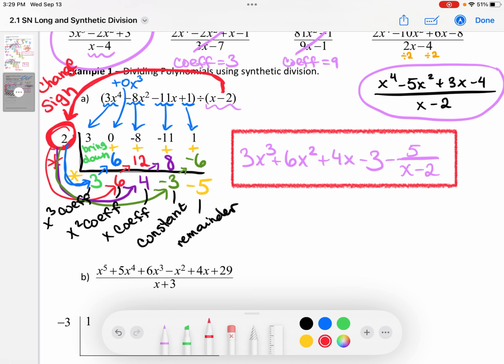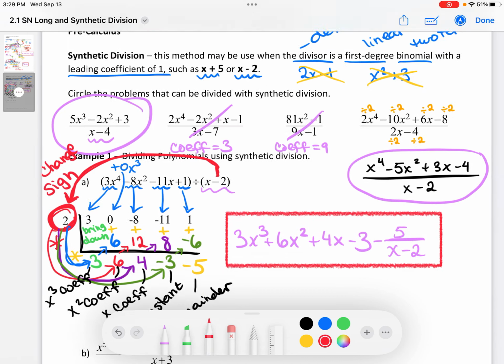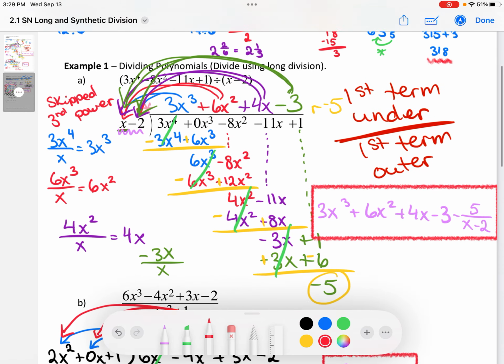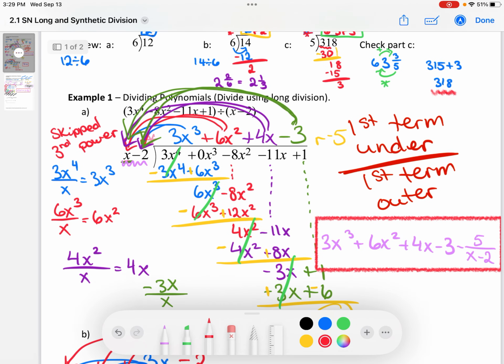So, if you're looking at that problem and you're thinking that you've seen some of those numbers before, you actually have. Go to 2.1 part A and go to example 1. Compare that to the problem we just did, and it's exactly the same problem.